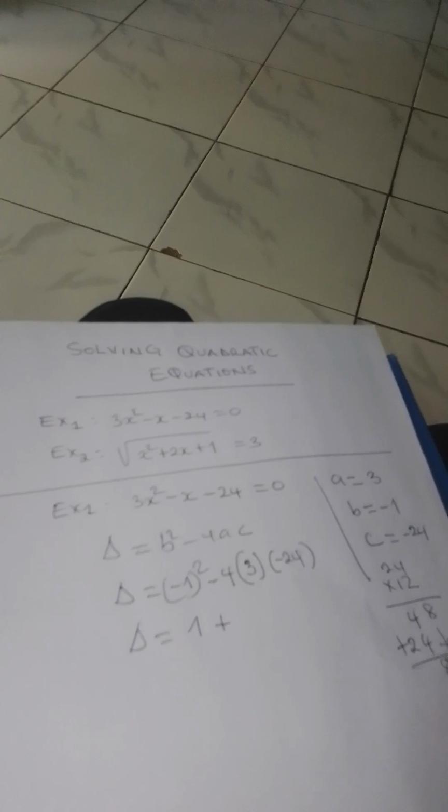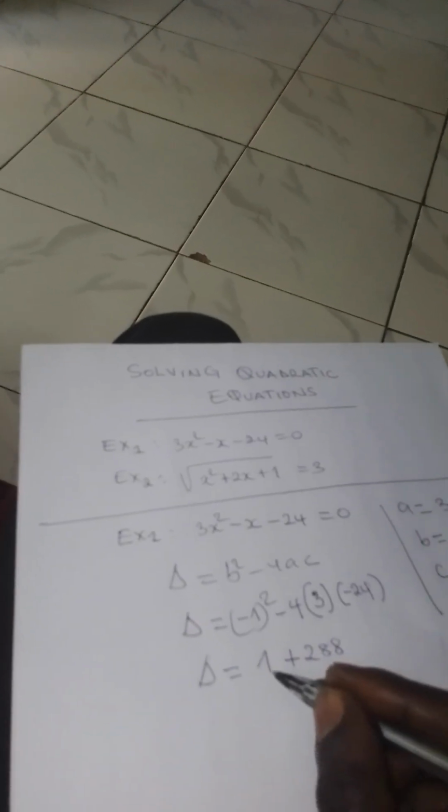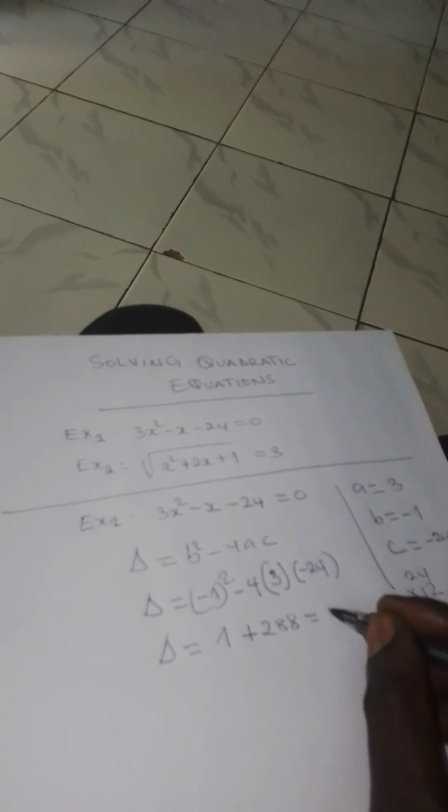Then 4 plus 4 is equal to 8. We bring down 2. It is 288. Then we write it here, 288. Then plus 1, which is equal to 289.